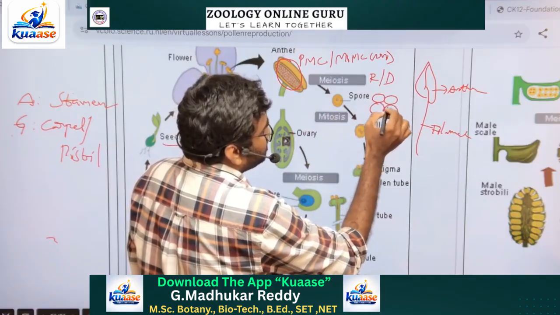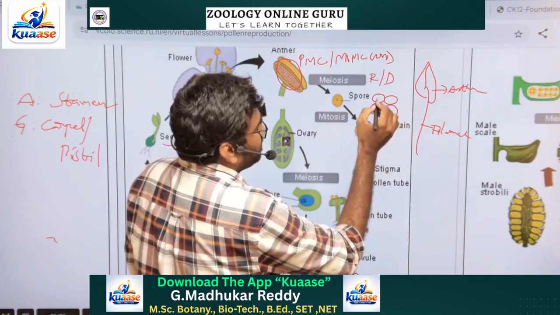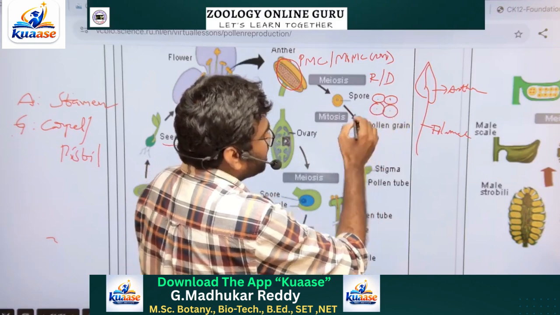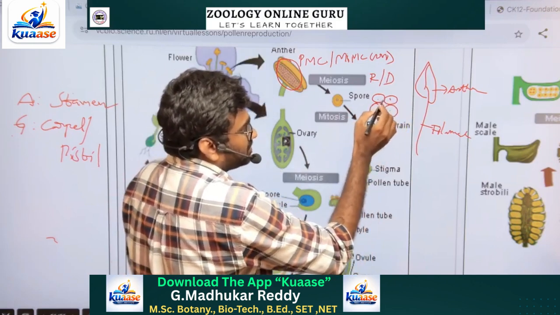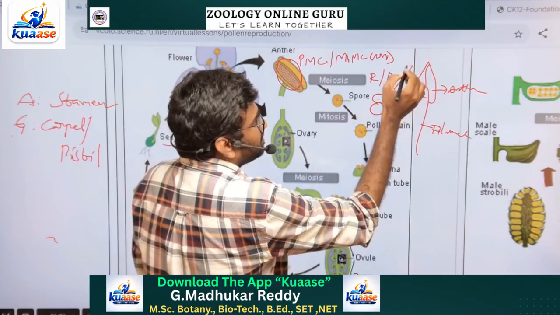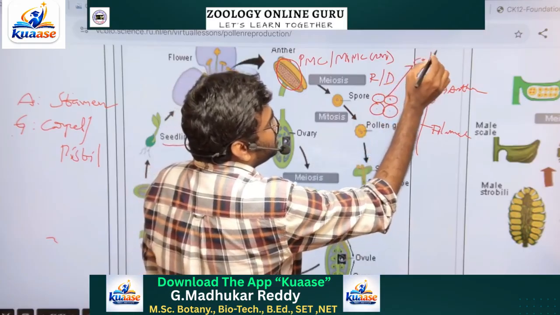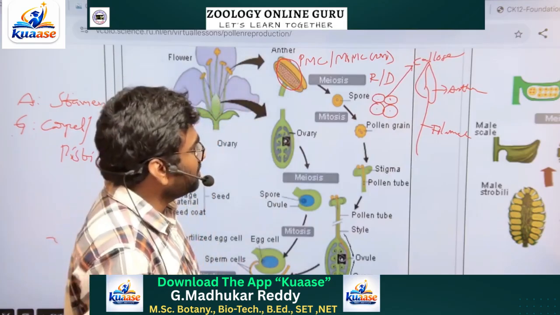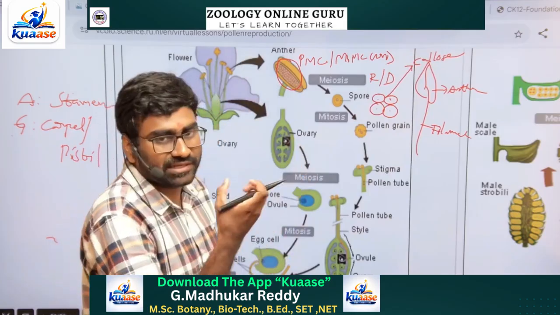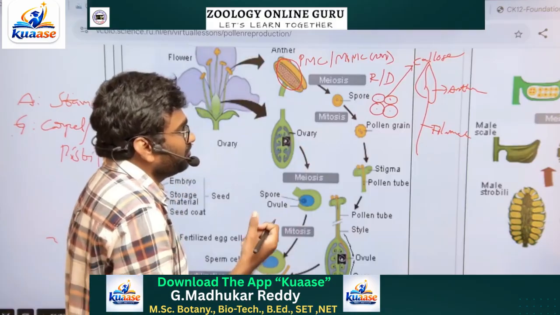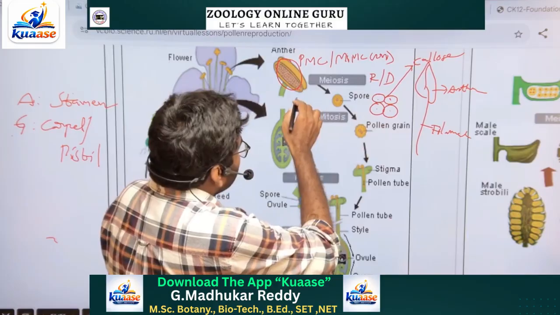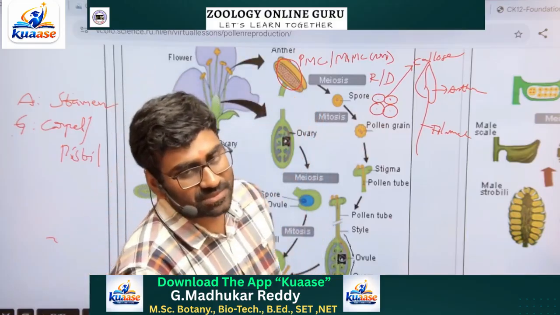These haploid microspores are associated together with the help of a substance known as callose. So callose makes these microspores attach together, right? And in the microsporogenous tissue, tapetum is present.